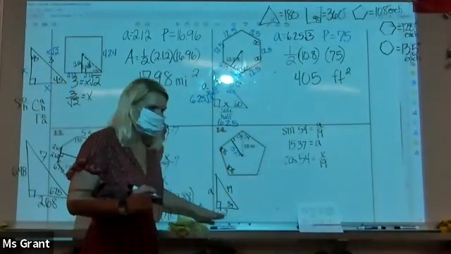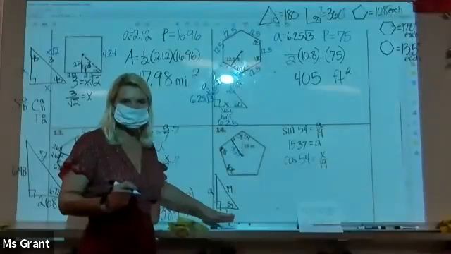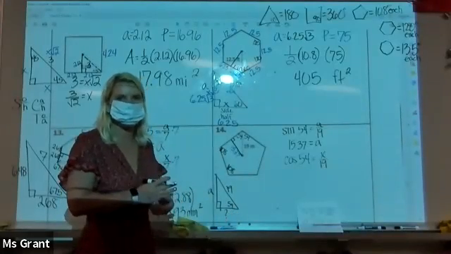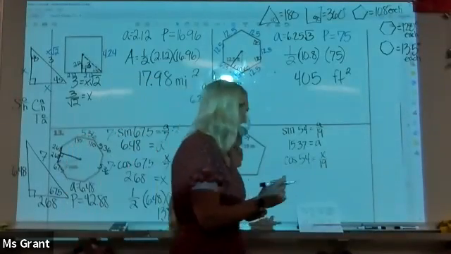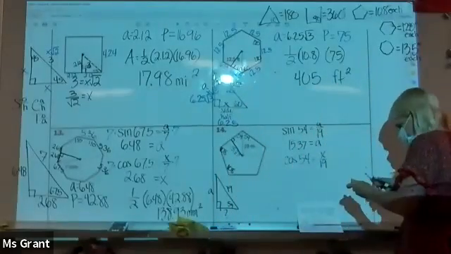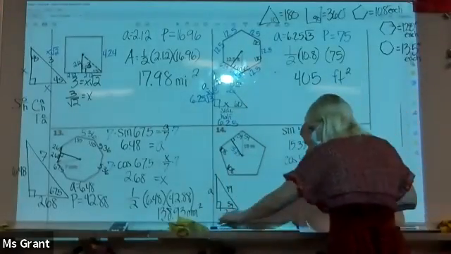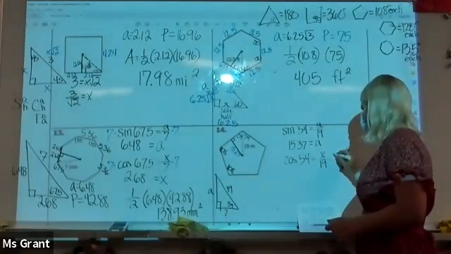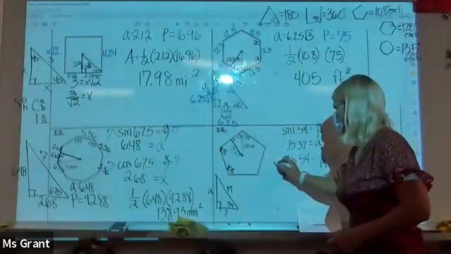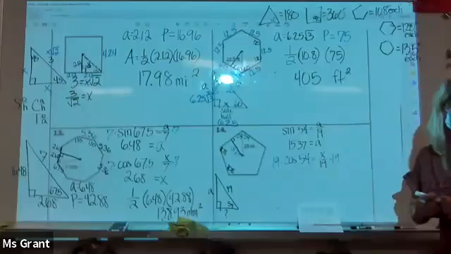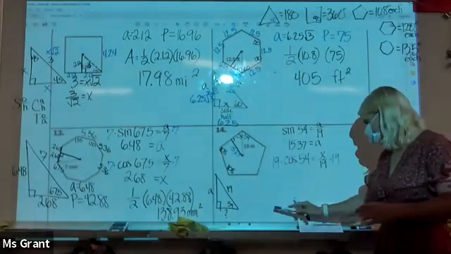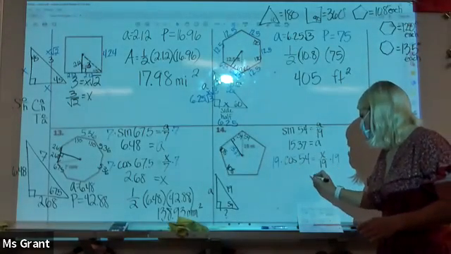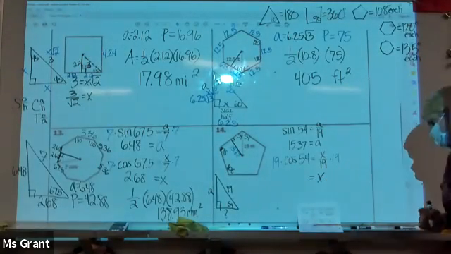Then I need to find the base of this triangle, because that's going to help me find out how long each side is. So I multiply by 19 cosine 54, which is what? 11.17. Good.